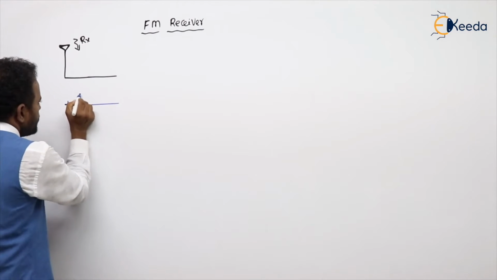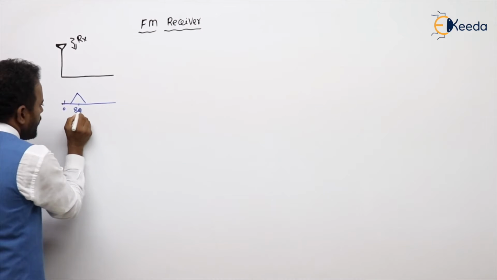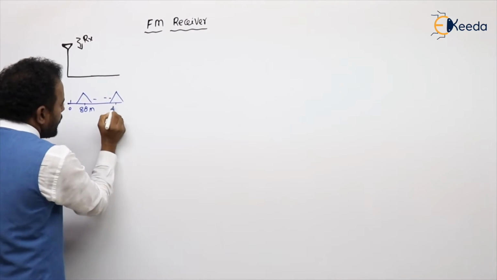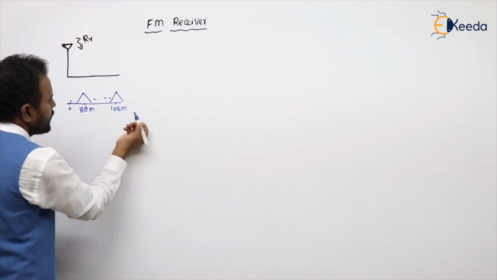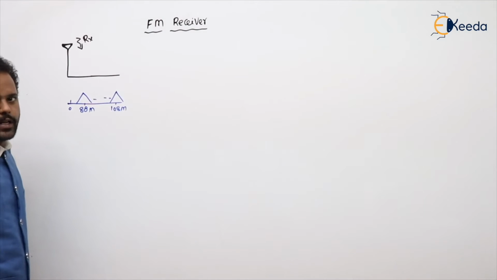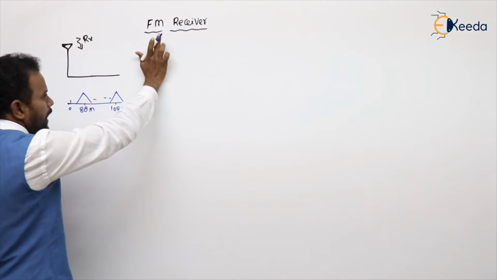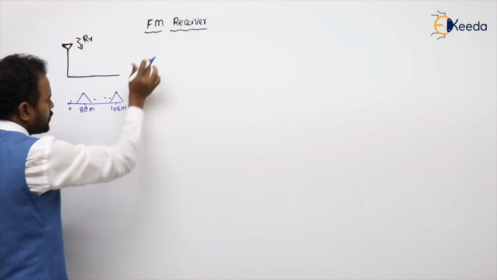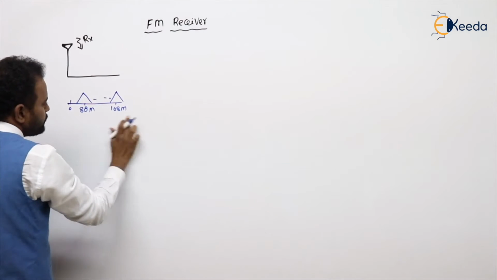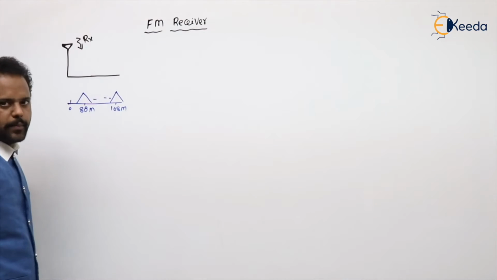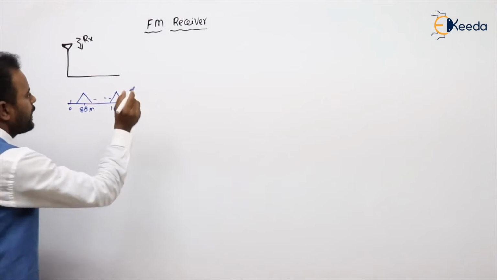FM broadcasting range is from 88 mega to 108 mega. This is the total frequency range. So whenever we are designing an FM receiver, it should be able to work in the range of 88 to 108 because that is the total FM range.